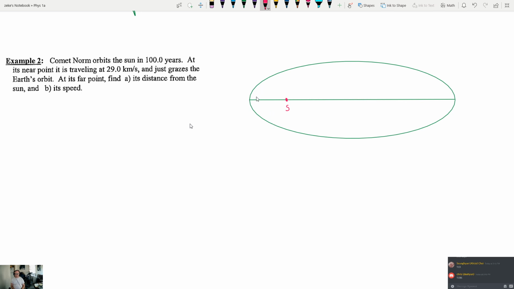And what we know is that comet Norm, we'll just put an N for this comet right here. It says it orbits the Sun in 100 years, so that's its period. So the period for this comet, we'll call it T sub N, is equal to 100 years. It says at its near point, it is traveling at 29 kilometers per second and just grazes the Earth's orbit.